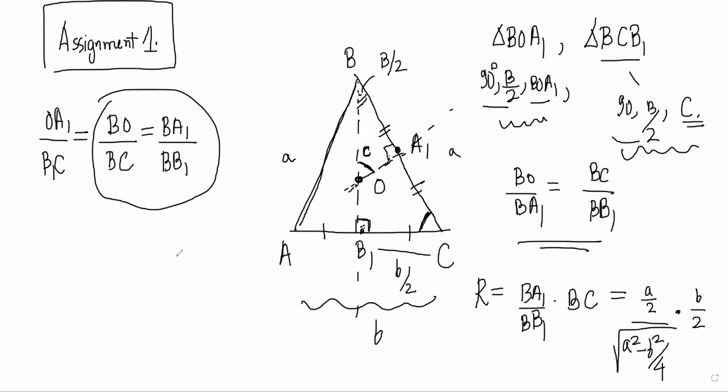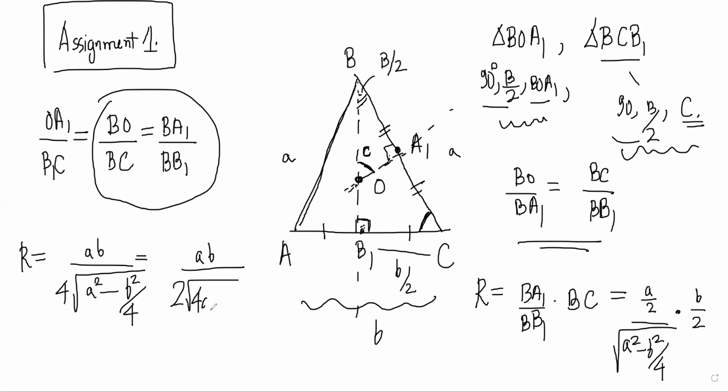So you have R is equal to AB by 4 root over A square minus B square by 4. Oh, wait, BC I have made a mistake.